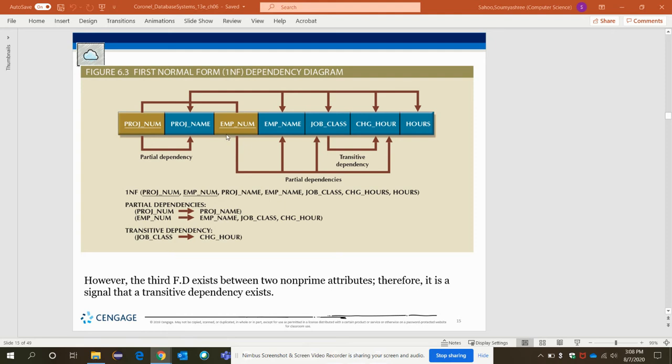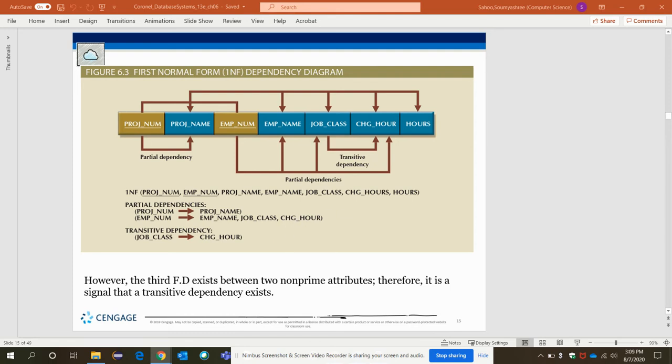See, the EMP num determines EMP name, job class, CHG hour. Job class determines CHG hour. So we can say EMP num determines CHG hour. So job class determining CHG hour becomes a transitive dependency.